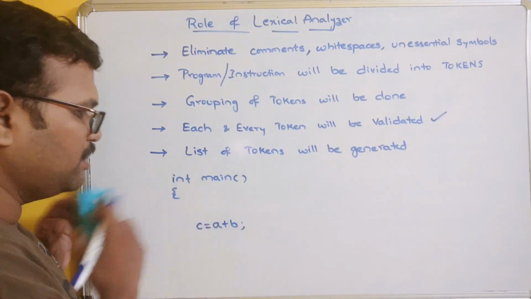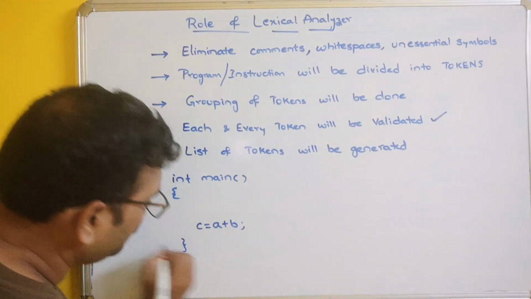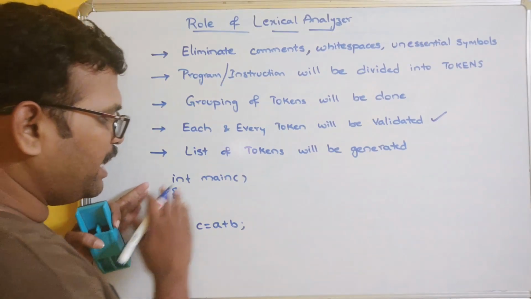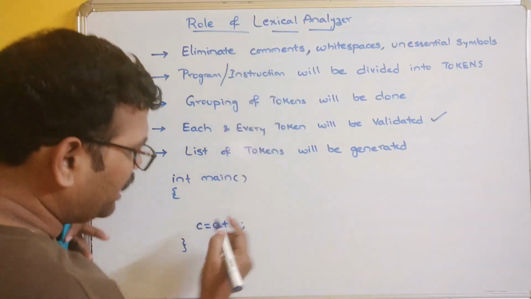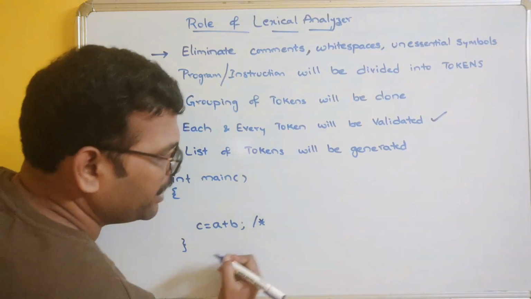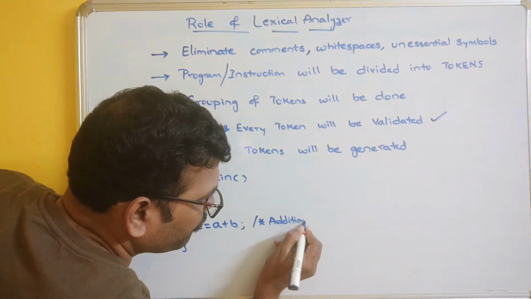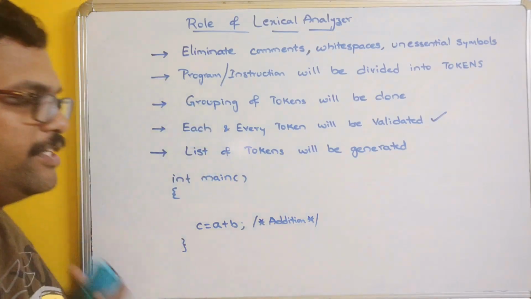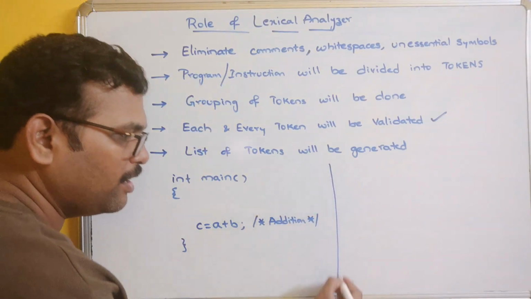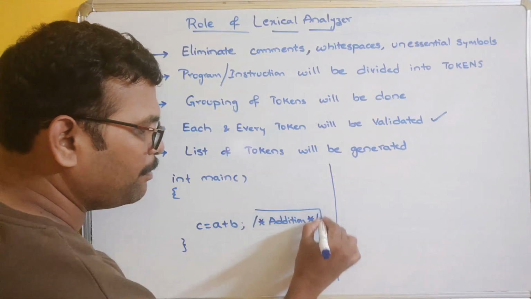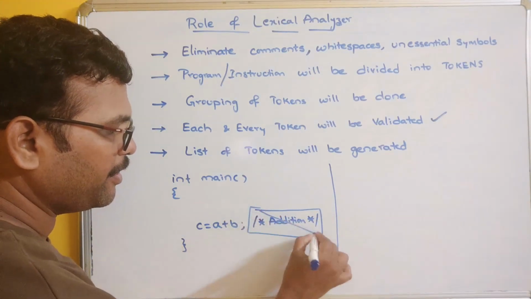Let us take c is equal to a plus b, and close it. Okay, small program. Now let's say I'm writing comments here, addition. So what happens here? The first step, it will eliminate the comments. So these comments will be eliminated.